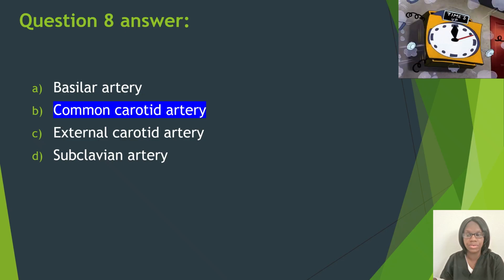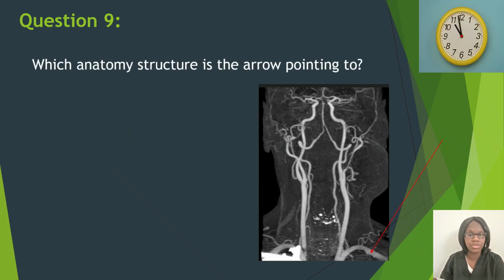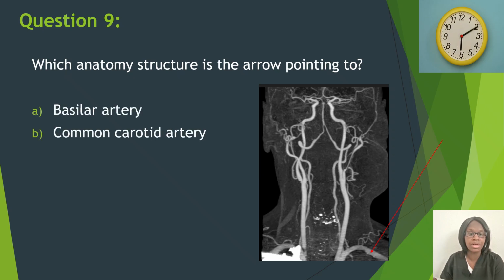Common carotid artery. Question 9. Which anatomy structure is the arrow pointing to? A. Basilar artery. B. Common carotid artery. C. External carotid artery.